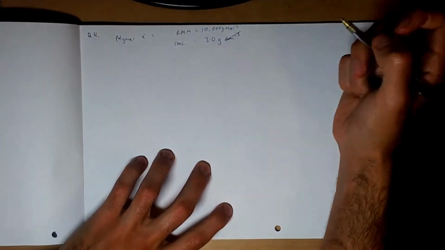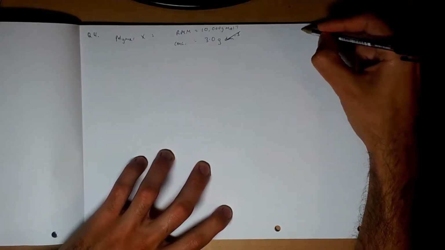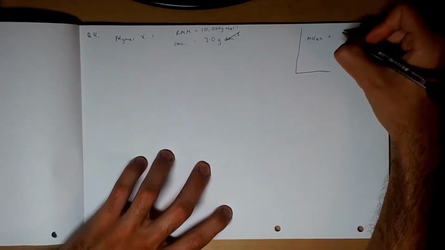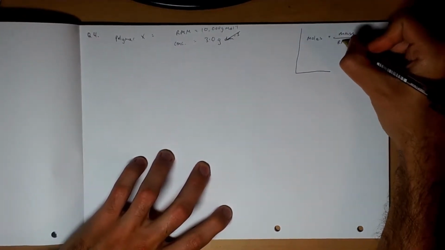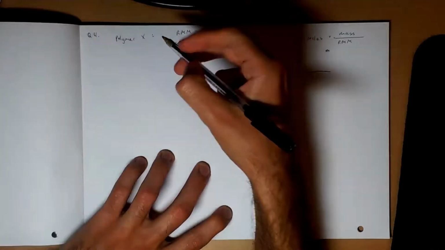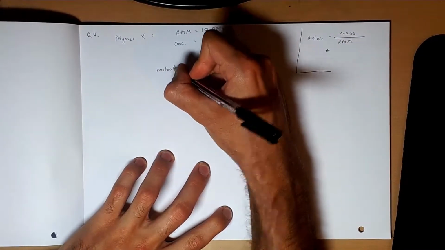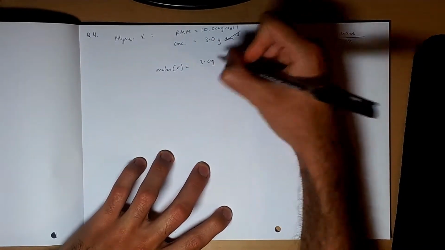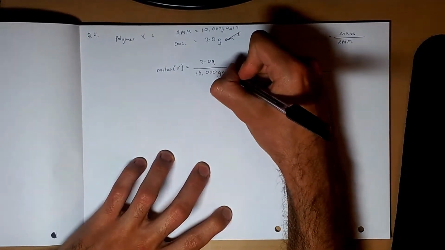So essentially we have 3.0 grams of our polymer, and remember that moles of any substance is equal to the mass of that substance divided by the relative molecular mass. So for us, moles X is equal to 3.0 grams divided by 10,000 grams per mole.